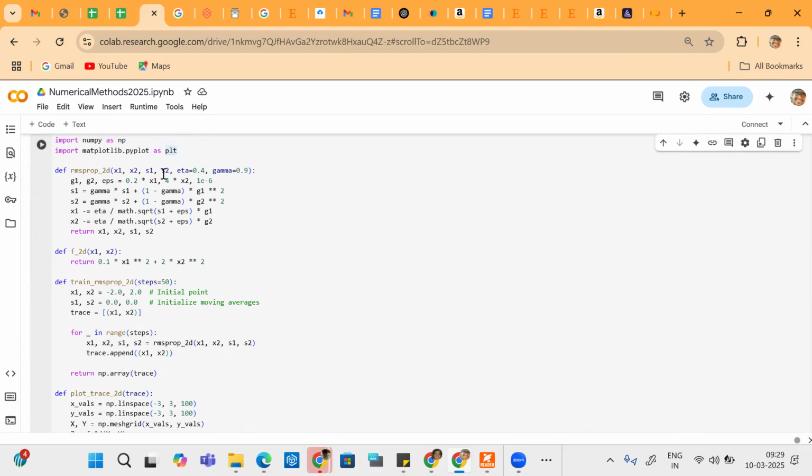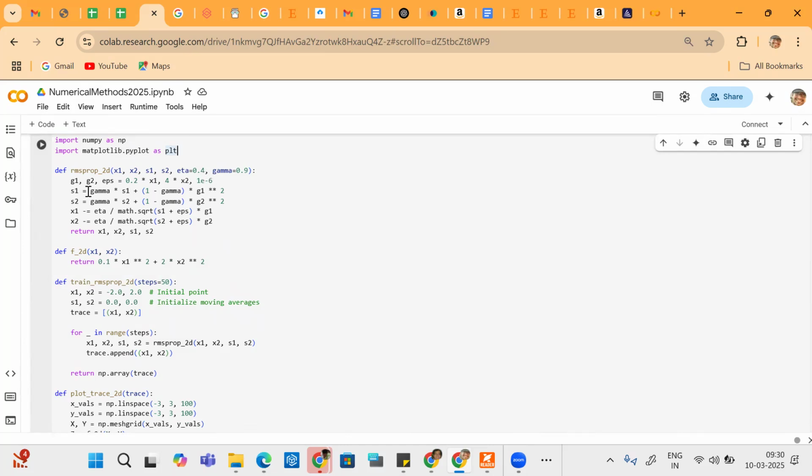What are these G1, G2? Yes. First is with respect to x1, second is with respect to x2. And epsilon we are fixing to 10 to the minus 6.